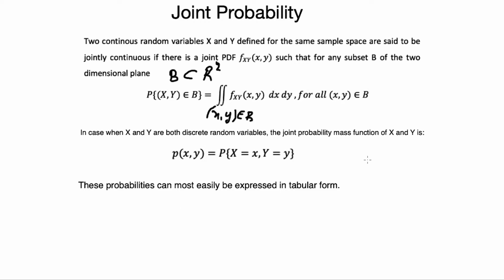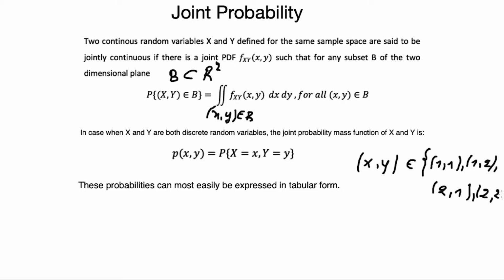For example, when we have discrete random variables X and Y that can take the values (1,1), (1,2), (2,1) and (2,2), let's just use this sample space to make it easier to present.